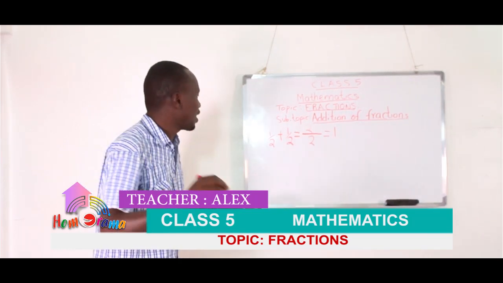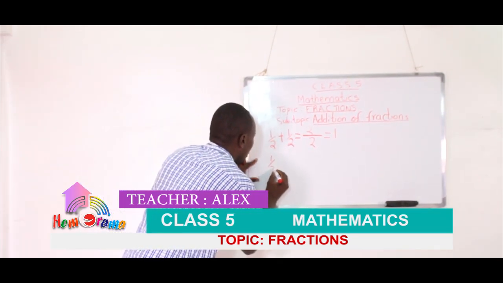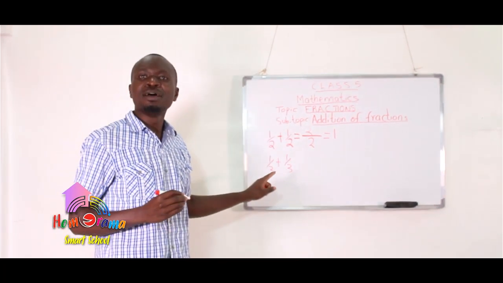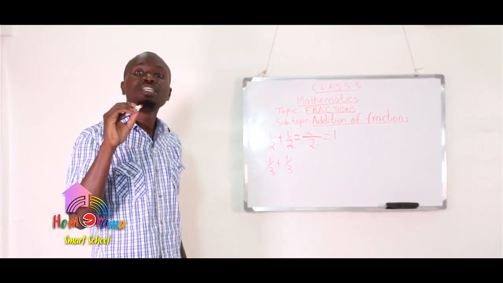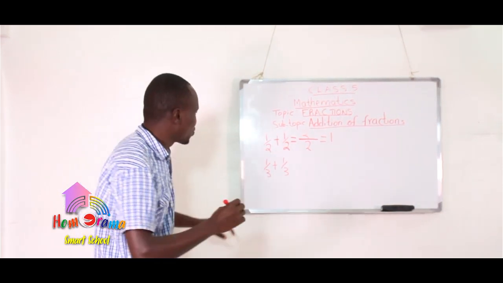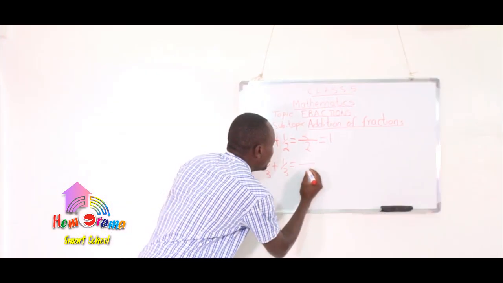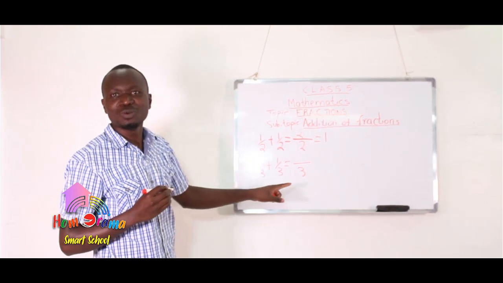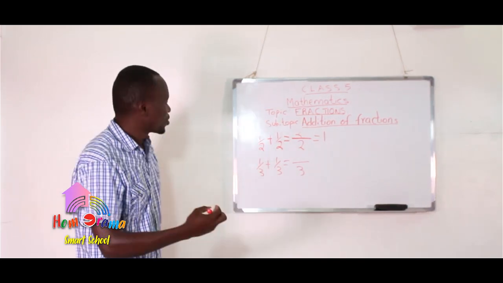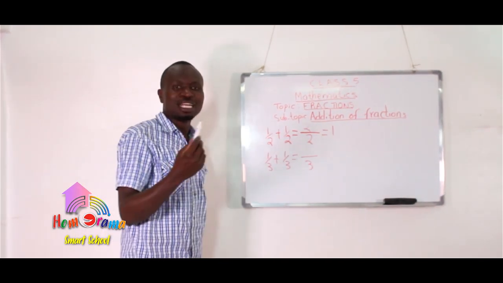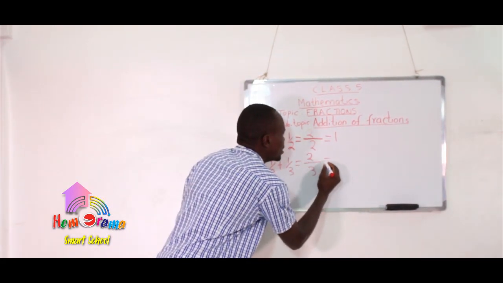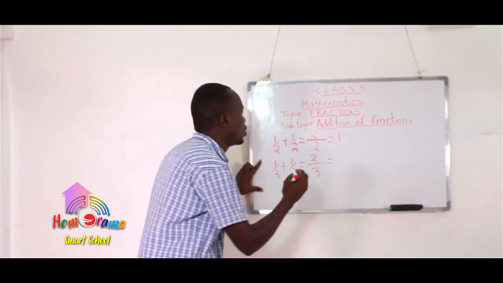If I'm given a third plus a third, my denominator will remain 3, and then I add the numerators, the numbers at the top. 1 plus 1 gives me 2. So my answer is 2/3.